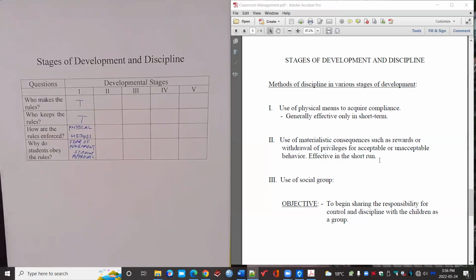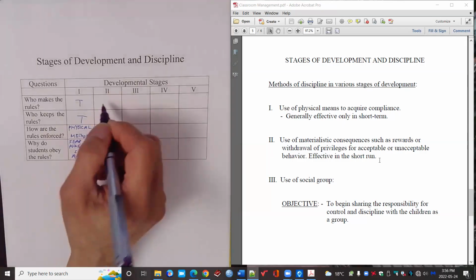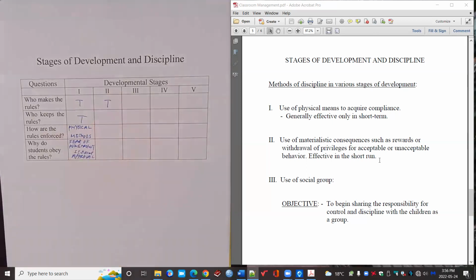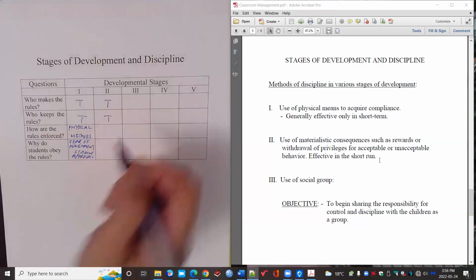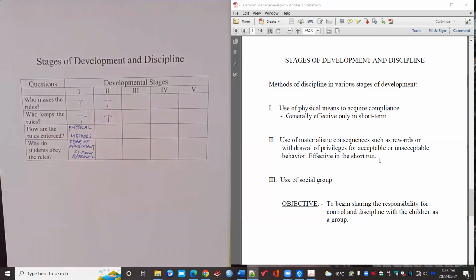Now let's answer the questions. Who makes the rules? Of course, here, the teacher. And who keeps the rules? Teacher. Students are still too young. And how are the rules enforced?